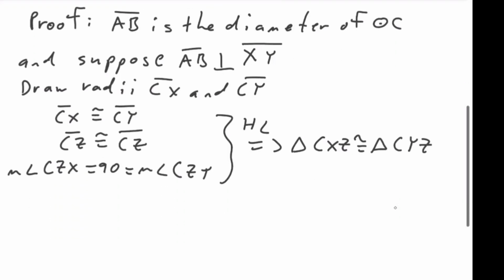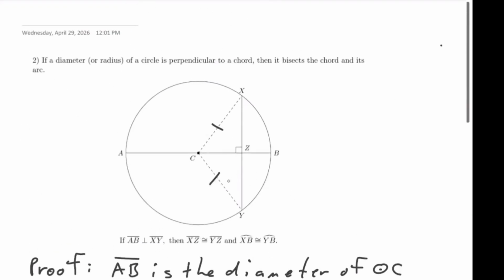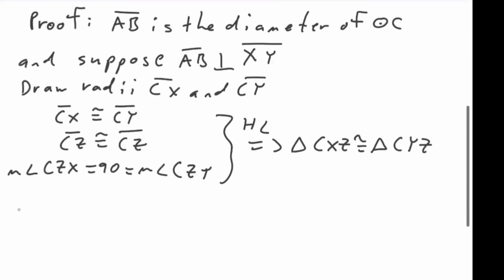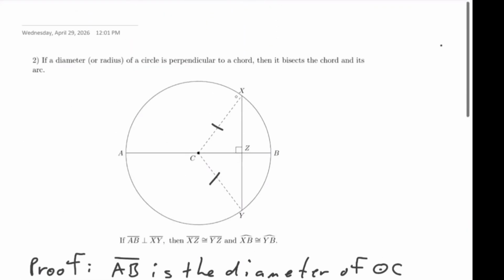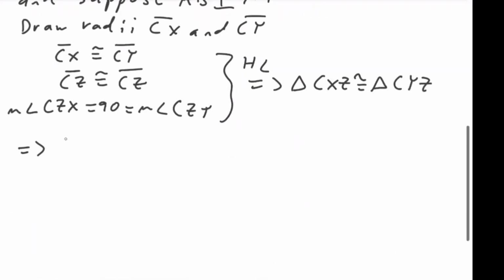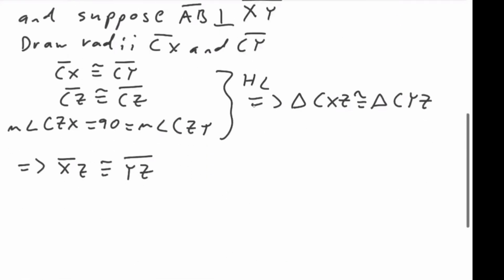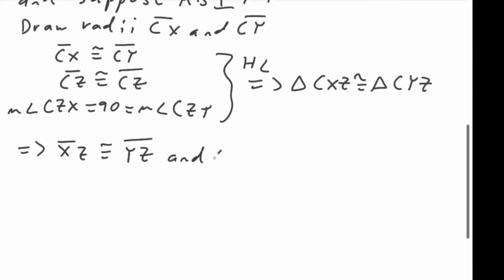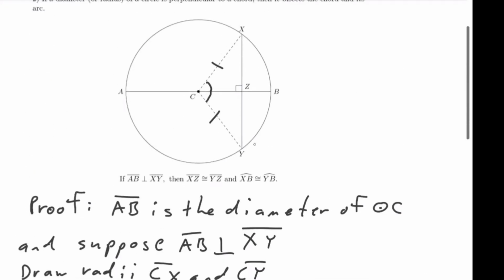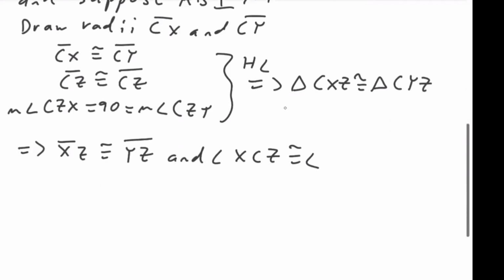Of course, if these two triangles are congruent, this means that XZ is congruent to YZ, which is part of what I want. XZ is congruent to YZ, and I know this central angle here is congruent to this central angle here, so angle XCZ is congruent to angle YCZ.